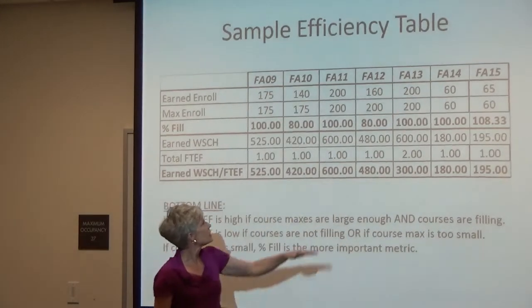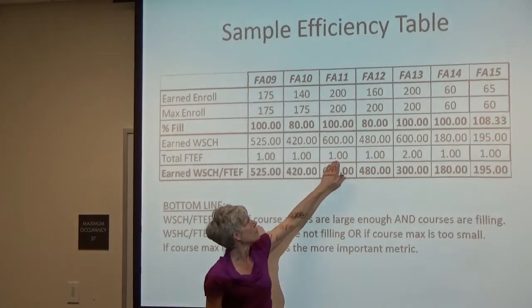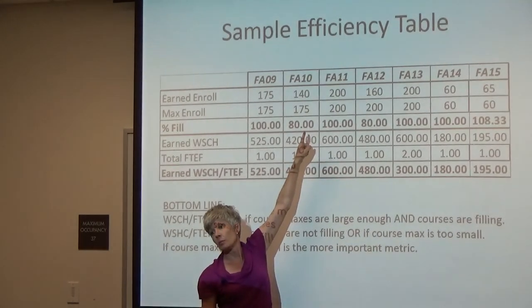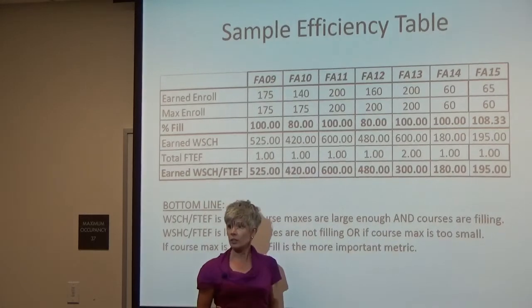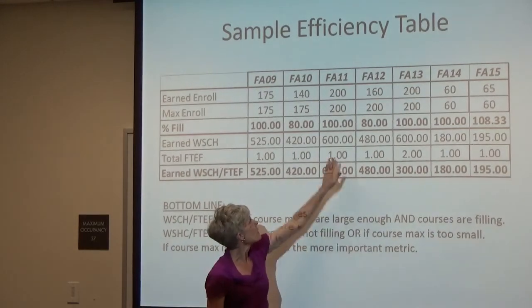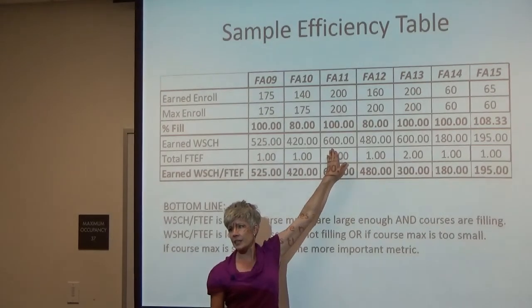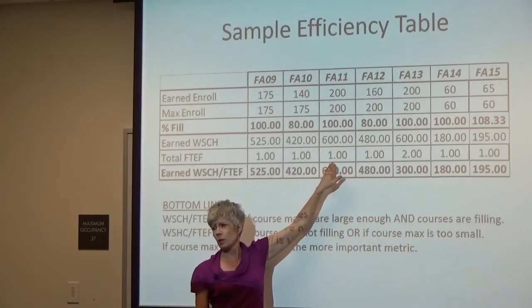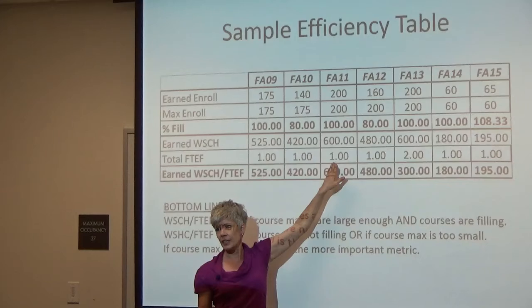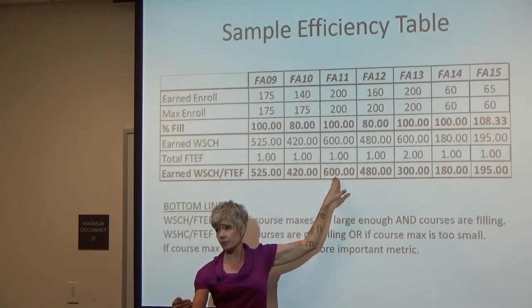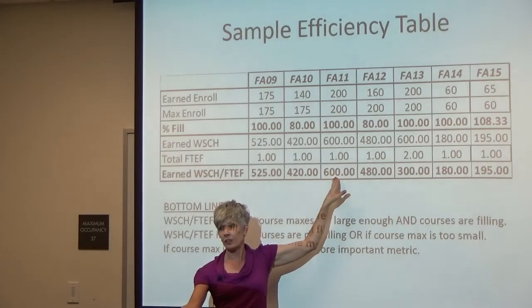So now we have the same amount of FTEF, but we have increased the number of students. We have filled 100% of our seats. And so we have an increased wish because we have larger class sizes. We have the same number of faculty, FTEF, and so our earned wish per FTEF is going to go up. Right? So we're above 525 here.